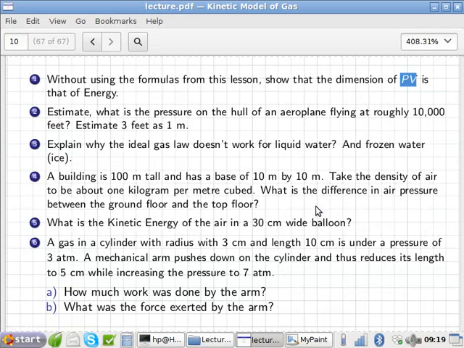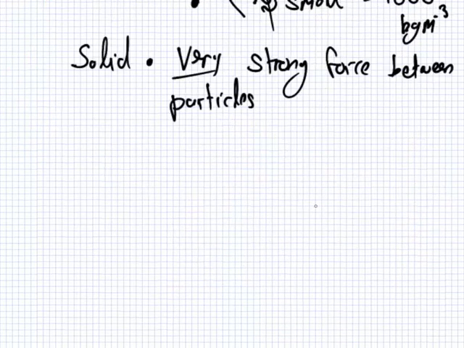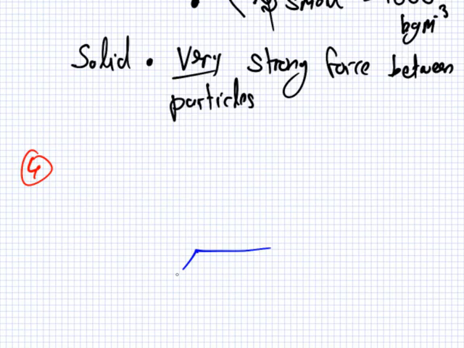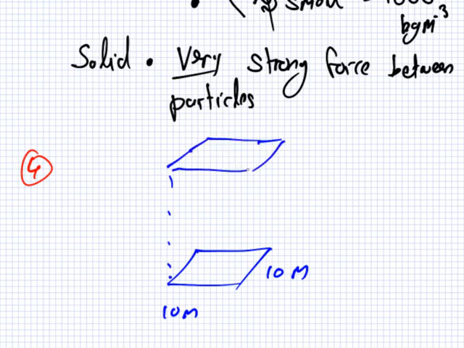Okay, number 4. So in number 4, you have a building. This is 10 meters, and this is 10 meters, and then up the top, this is 10 meters, and this is 10 meters, and the distance here is 100 meters.